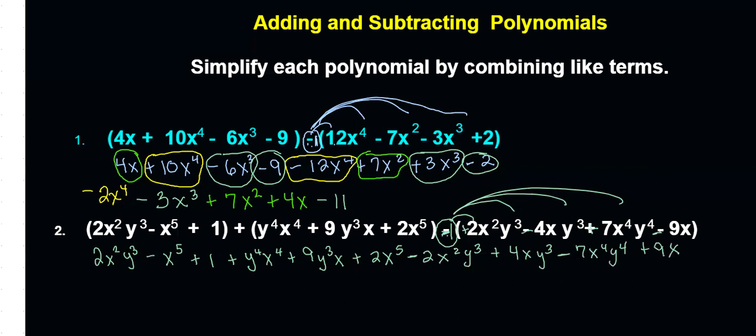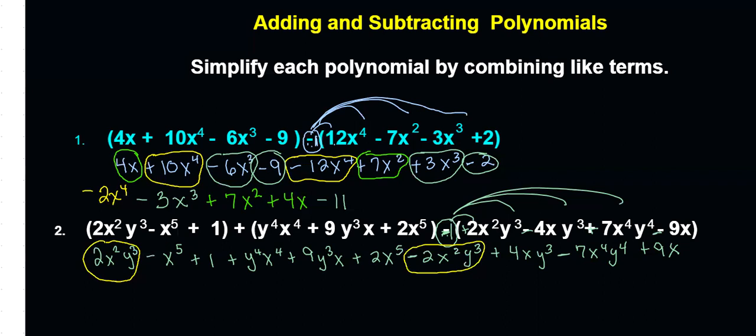All right, next, it's time to combine those like terms. So here we go. Let's start with this x squared y to the third. See if we have any more x squared y to the thirds. Oops, I see one here, x squared y to the third. Are there any other ones? I don't see any other ones. All right, well, if you've got 2 of them and you take 2 away, you've got none left.